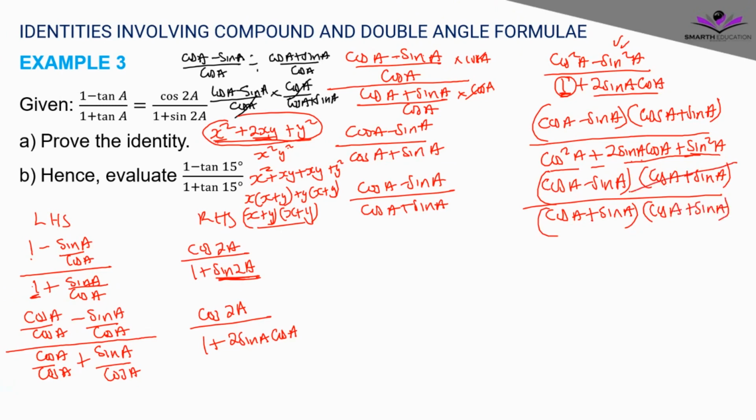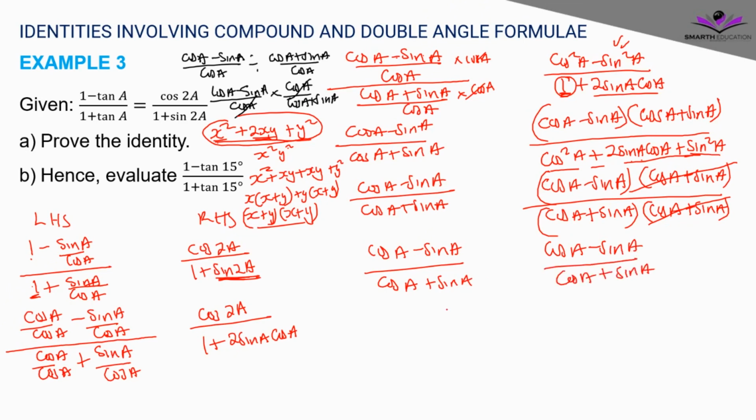Then this bracket divided by this bracket will give us 1. So what do we remain with? Cos a minus sin a over cos a plus sin a is equal to cos a minus sin a over cos a plus sin a. Right, we prove that the left hand side is equal to the right hand side.